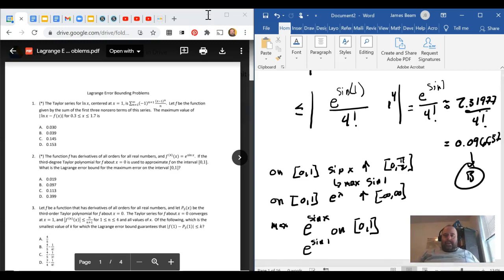That's going to give me answer B for that one. So I maxed out everything I could max out in the problem, and then said that's the greatest possible error over the interval, and I've got my answer.